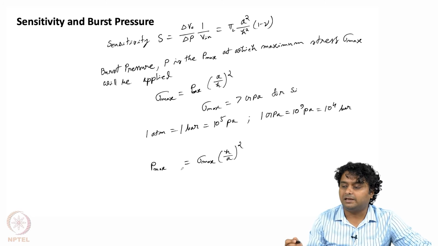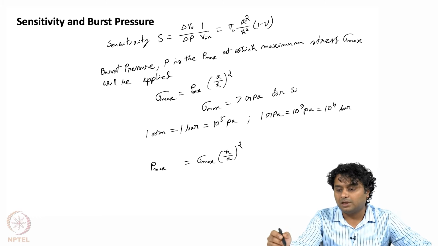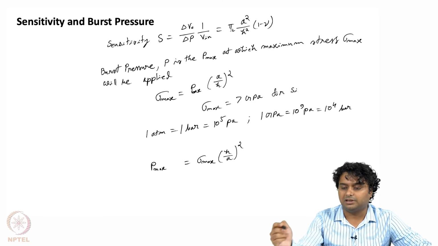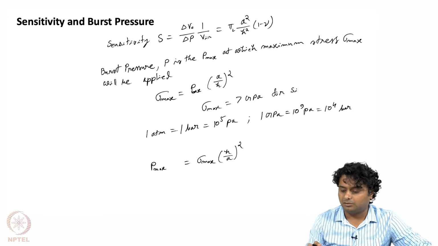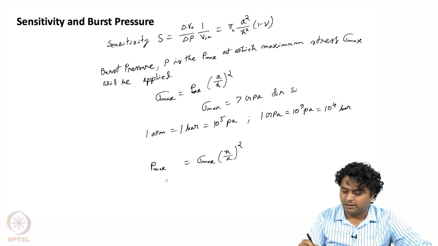So, sensitivity and range, these two we need to optimize, that for which range we want, and for that what kind of sensitivity we can achieve by controlling the other terms also, like area, then the piezoresistive coefficient, etc., and also V in is in our hand. And another thing is, usually whatever is the maximum pressure the membrane can withstand, we use 1/5 times of that.